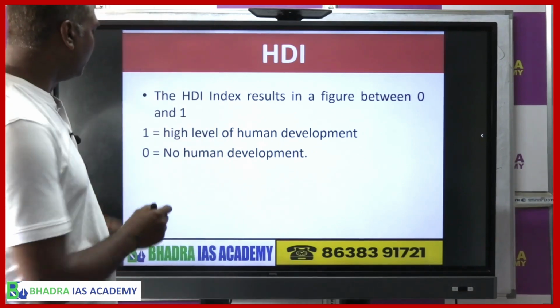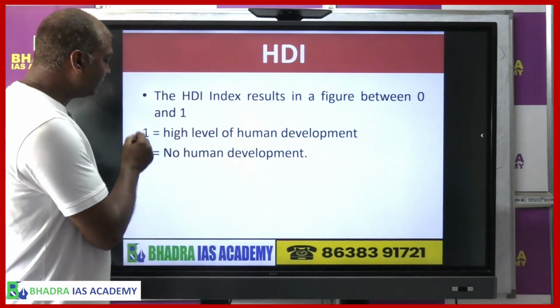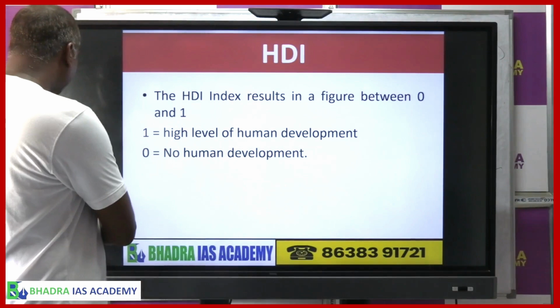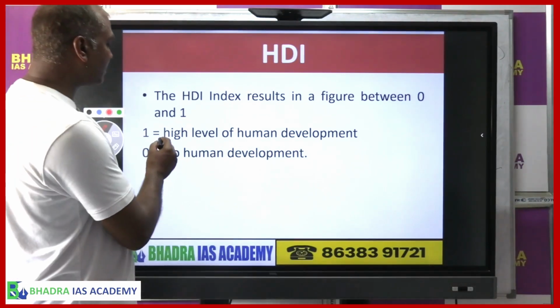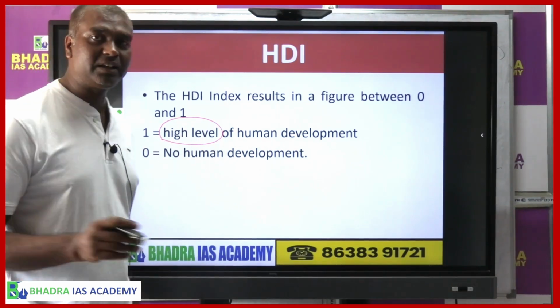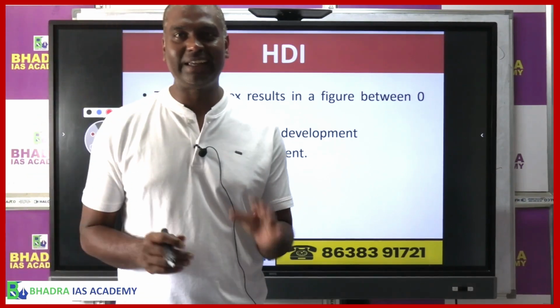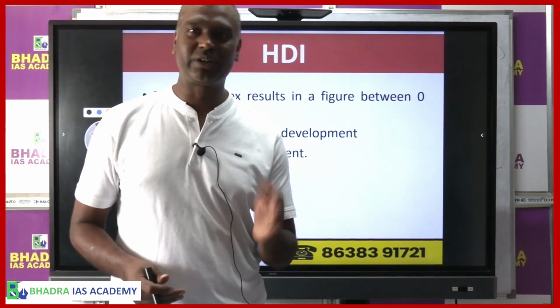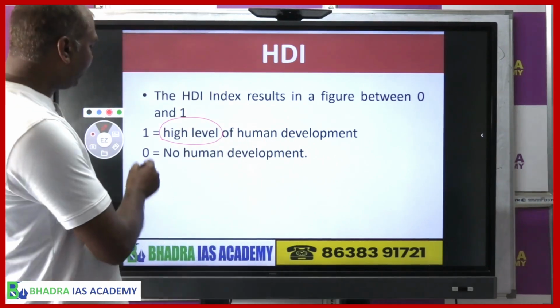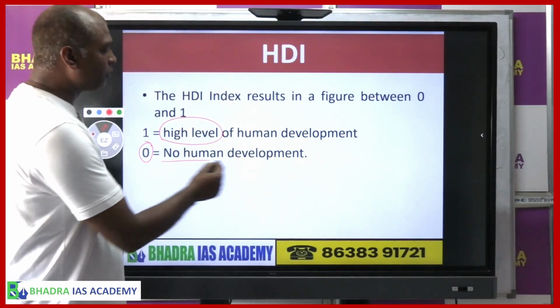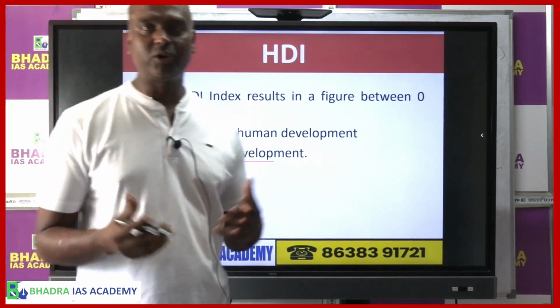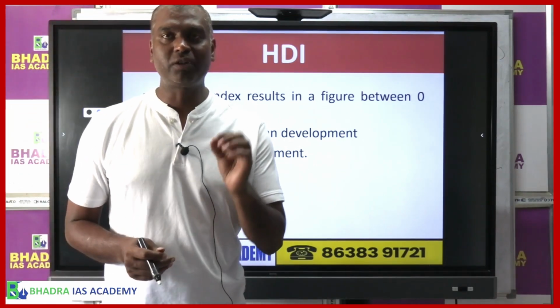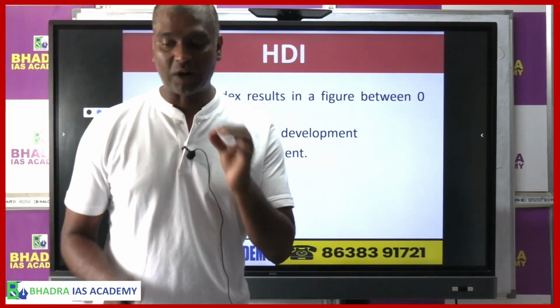If a country scores 1, what does it mean? The country's human development is at a very high level. Right now, no country in the world gets a perfect 1. They are somewhere around 0.9 at maximum. If you have a 0, that means there is no human development at all in that country. So the score ranges between 0 and 1.